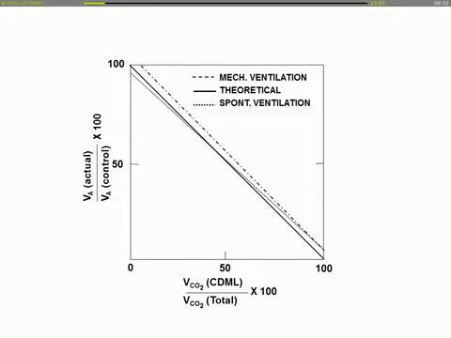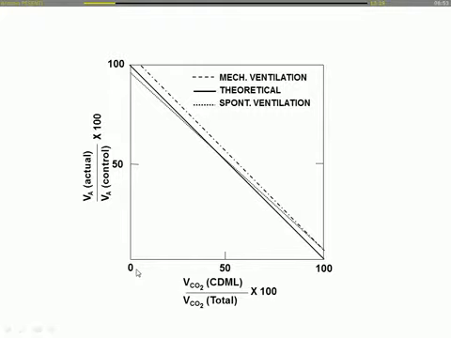Now, this is a slide from 1975, 76 by Kolobow and Gattinoni, or Gattinoni and Kolobow. And it shows that if we remove CO2 with an extracorporeal membrane lung, the so-called carbon dioxide membrane lung, if we remove CO2 from 0 to 100% of the produced CO2, ventilation can go down from 100% to 0.